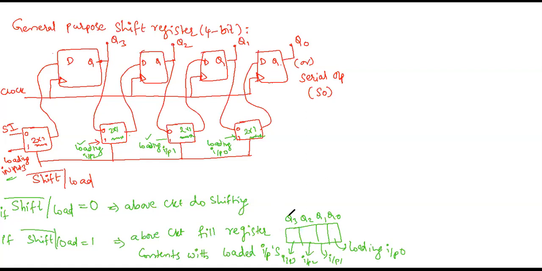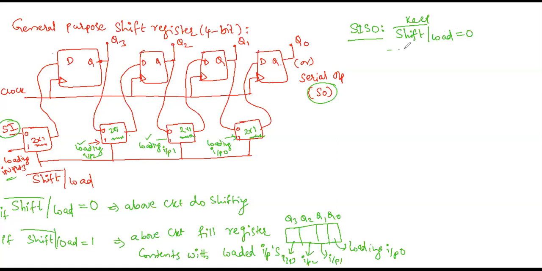Now, serial in, serial out shift register. This diagram acts as serial in, serial out. First, you have to keep shift bar by load equal to 0, and keep only SI and SO terminals outside.